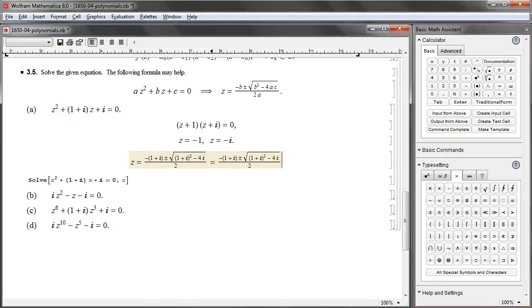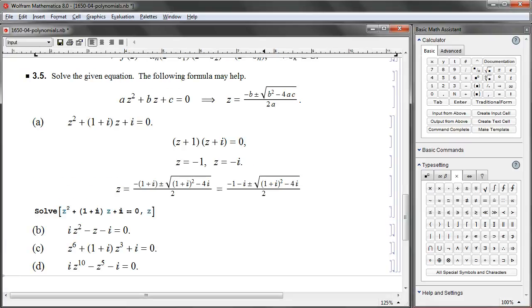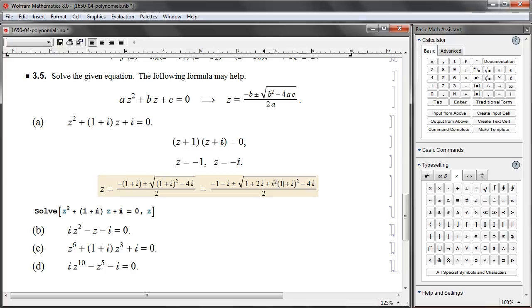Let's go ahead and do that. Let's see, how much time do we have? Can we do this on time? This can be a bit tedious. After breaking up parentheses, this is what you get. And then let's break up this parenthesis. Let's increase the font so that everybody can see this better. Let's use the complete square formula: 1 plus 2i plus i squared.